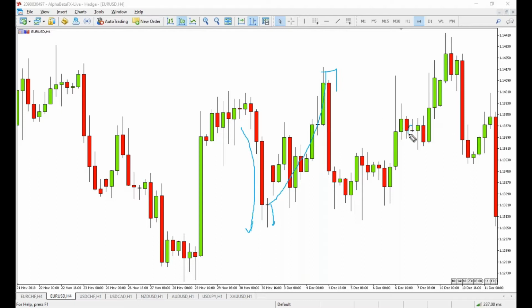You can see over here as well, the price was going upside, but sellers entered and pushed the price downside. Another wick has arisen here, which pushed the market downside.